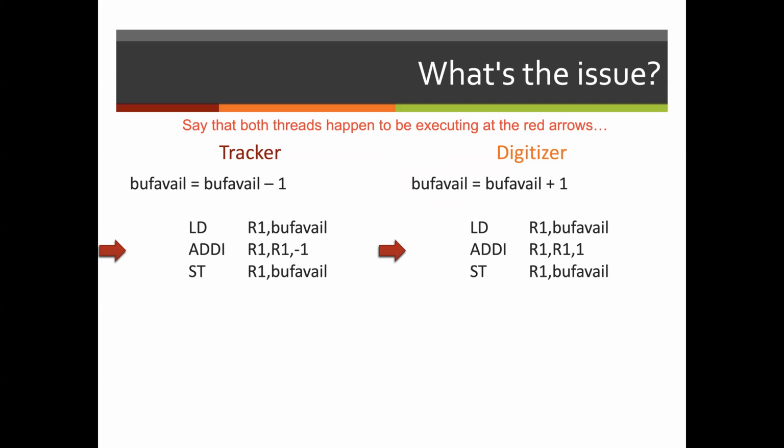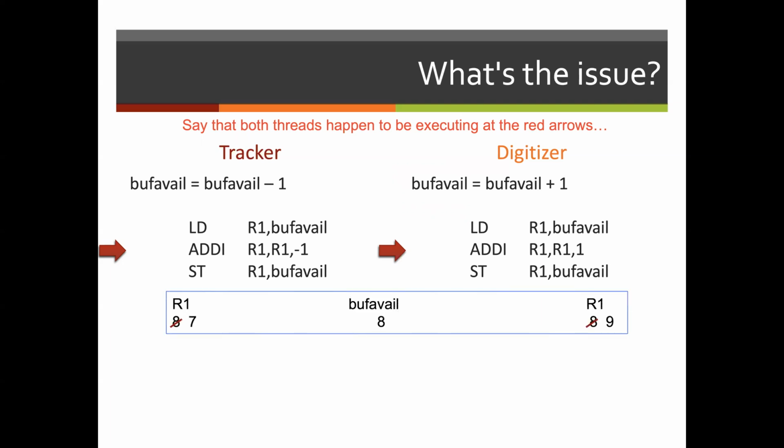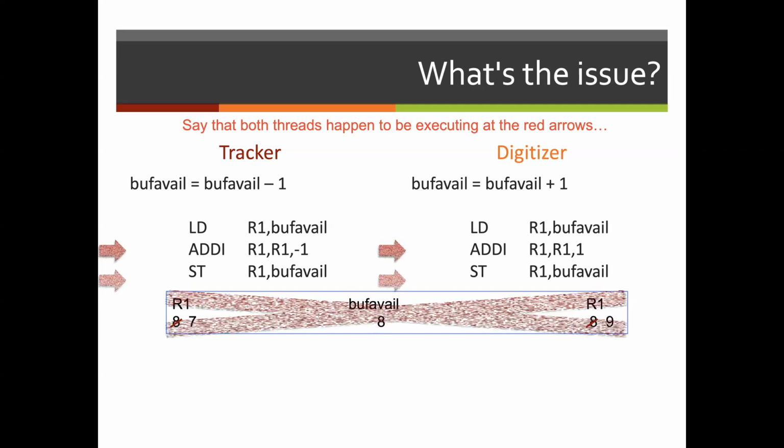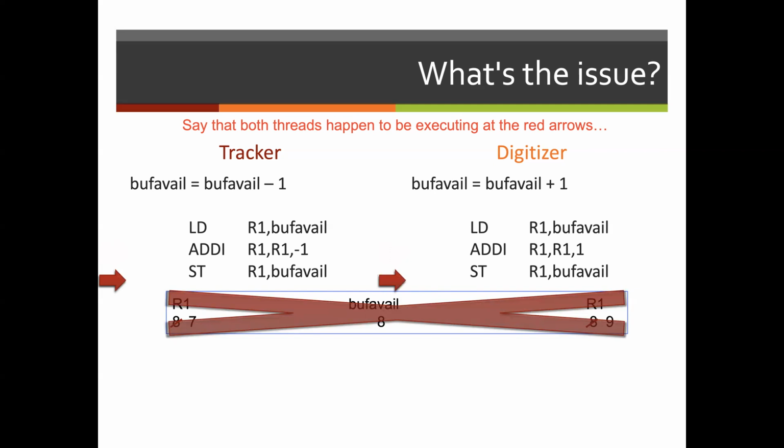So we're loading the values into our R1, and then we're going to do an addi, and we can see at this point that they're executing at the same point. And so this presents an issue.